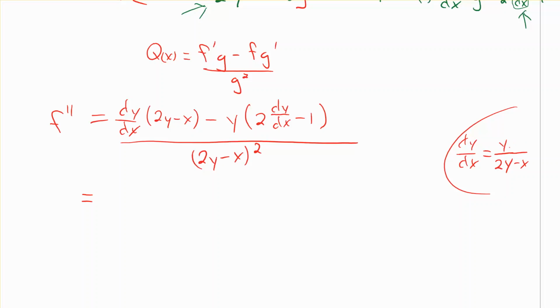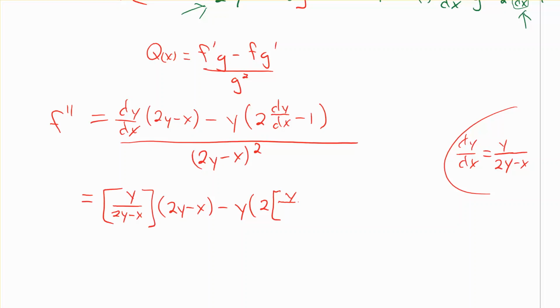So this first one, we've got y over 2y minus x in place of that. And then we've got, still again, 2y minus x, minus y times 2. And then again, maybe I'll put this square bracket so you know that they're the dy/dx's.